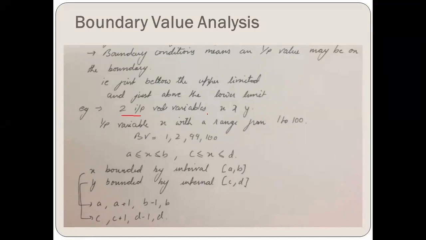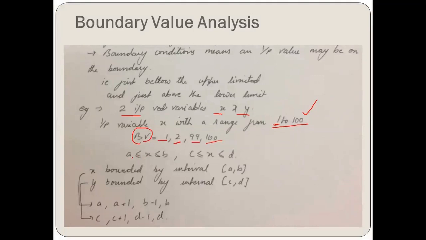We have two input variables, x and y. The input variable x has a range from 1 to 100. So the boundary values for 100 will be: 1, that is the starting value, 2, just next to the starting value, 100, that is the last value, and 1 less than 100, that is 99.